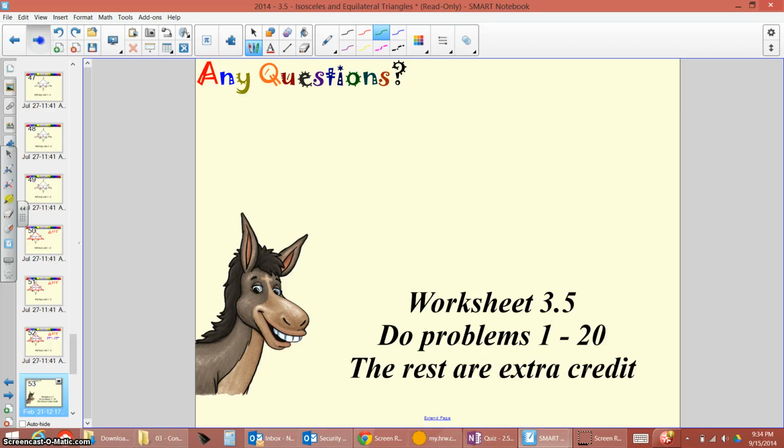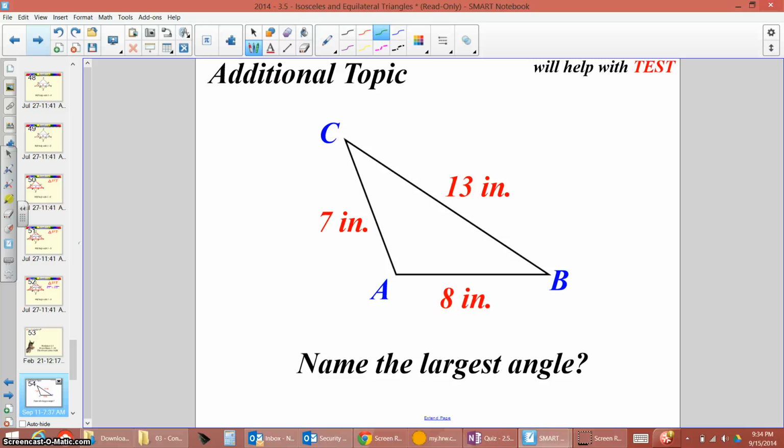So now we're going to do some additional discussion about triangles and their angle measures. So what happens here is I notice I've got 8 inches, 7 inches, and 13 inches. Well, if this is the case, which is the largest angle?